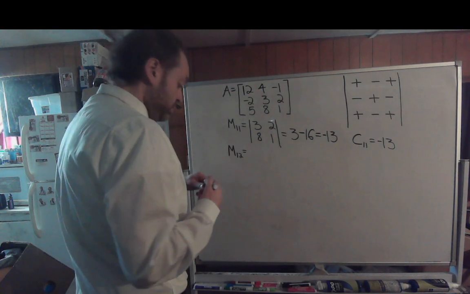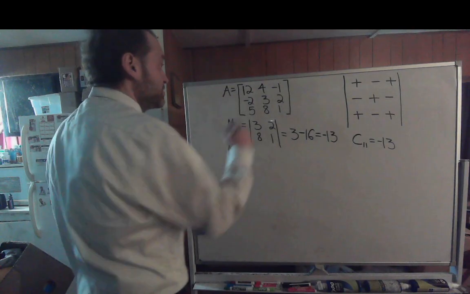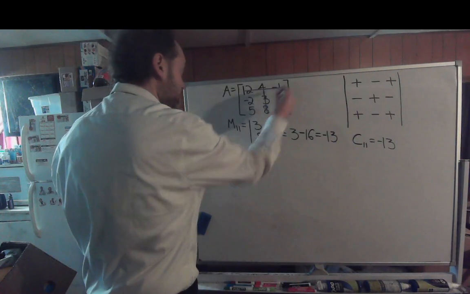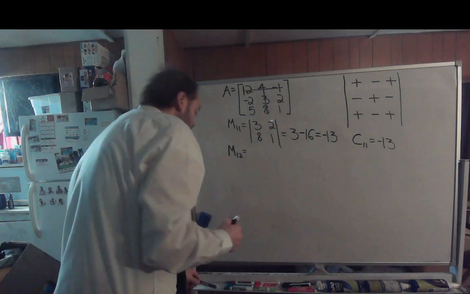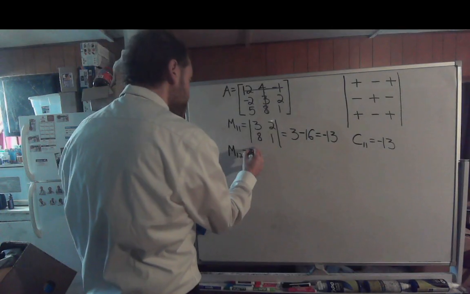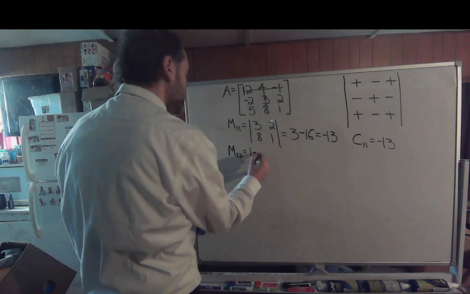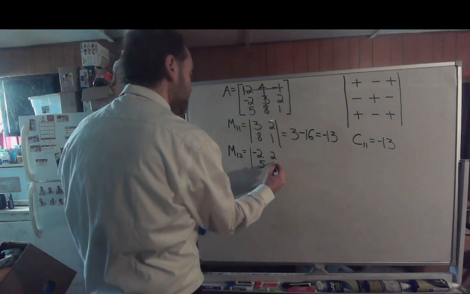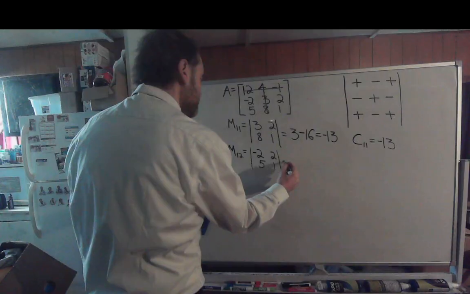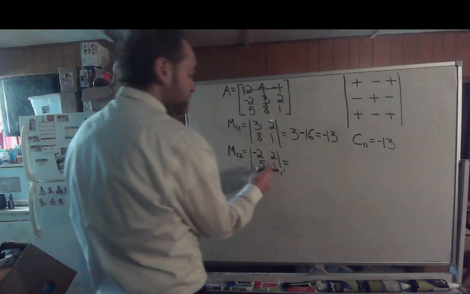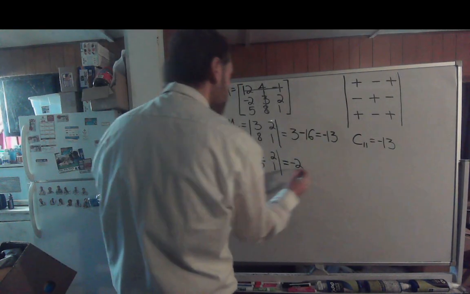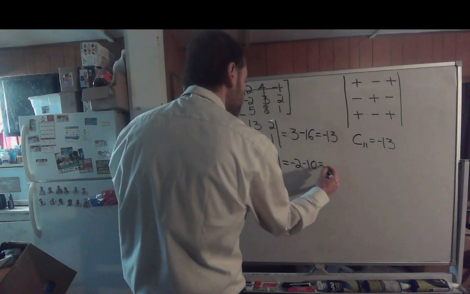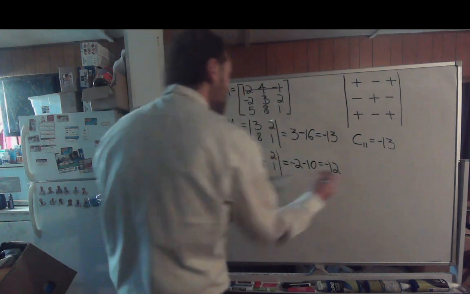I'm dealing with that 4 coefficient, but I'm not multiplying by it just yet. So strike out the column and row it's in, and take the determinant of whatever's left. So that'll be a determinant of negative 2, 2, 5, and 1. Negative 2 times 1 is negative 2, minus 2 times 5 is minus 10, which would give me negative 12.